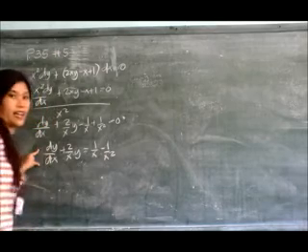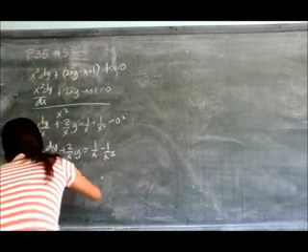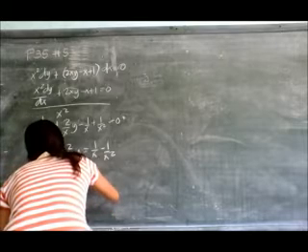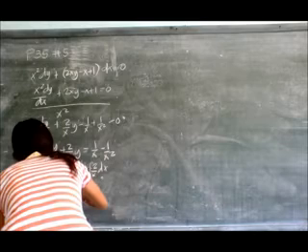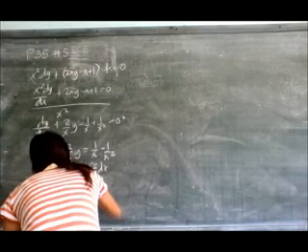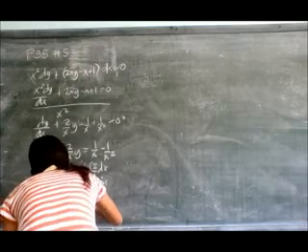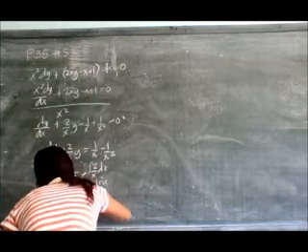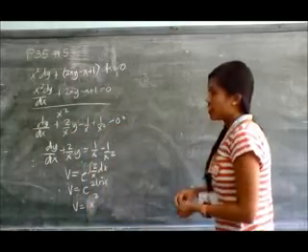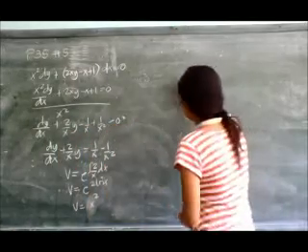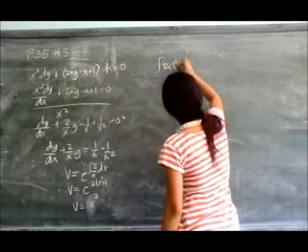We need to find our integrating factor, which is the v, and our v is equal to e to the integral of 2 over x dx, or v is equal to e to the 2 ln of x, which is equal to x squared.